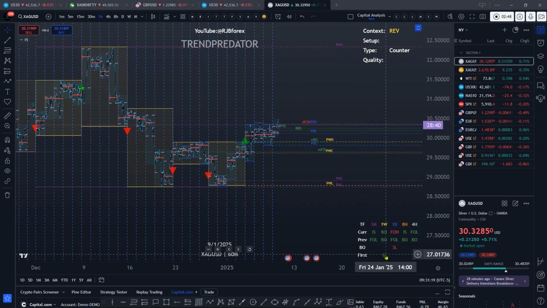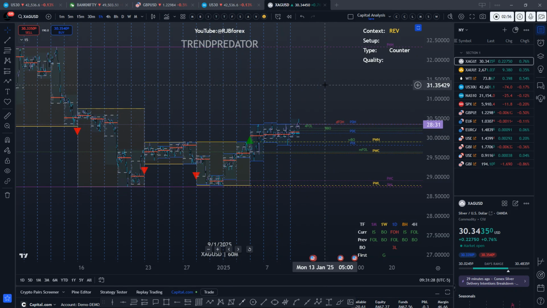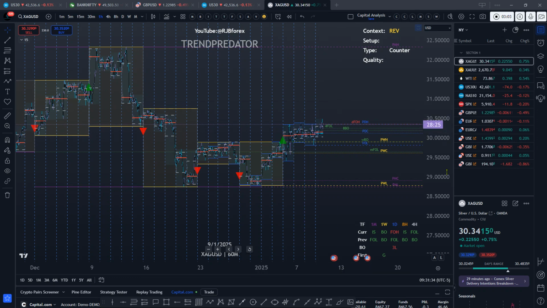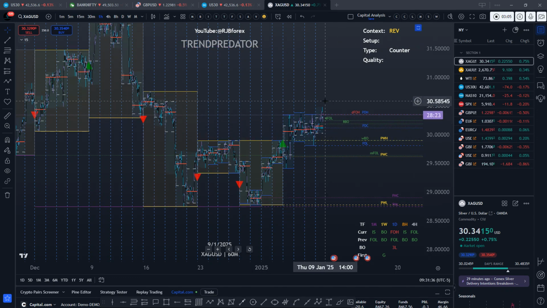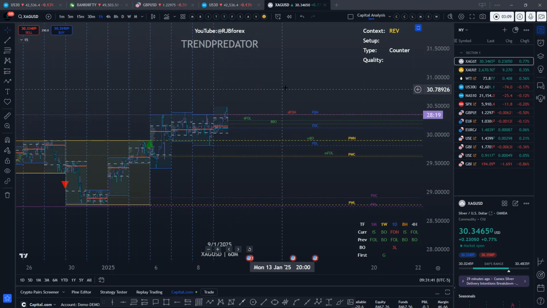Last week was a first green week following 1, 2, 3 down weeks. Okay, last week was the first green week. That's bullish. We anticipate the continuation, and that's exactly what we've got. We've got the continuation this week of that bullish green week.